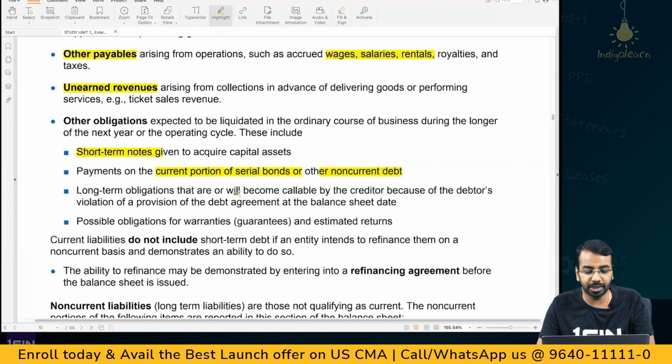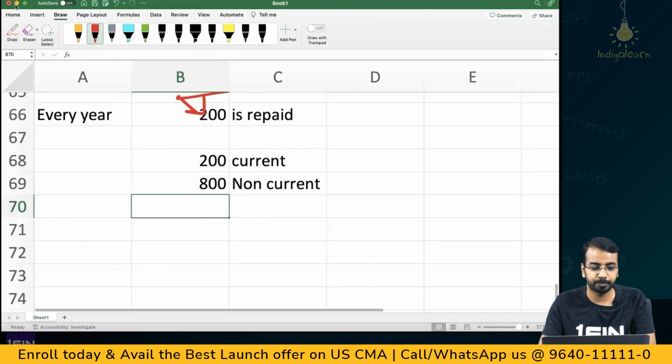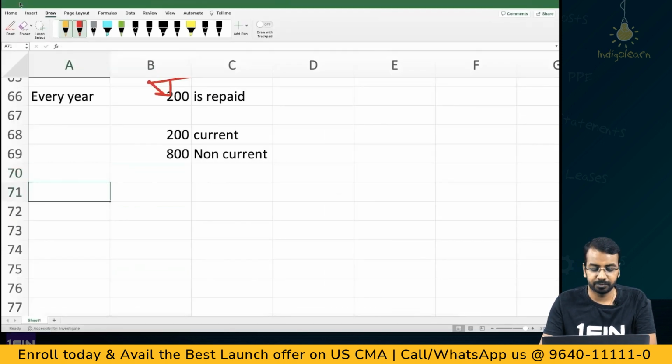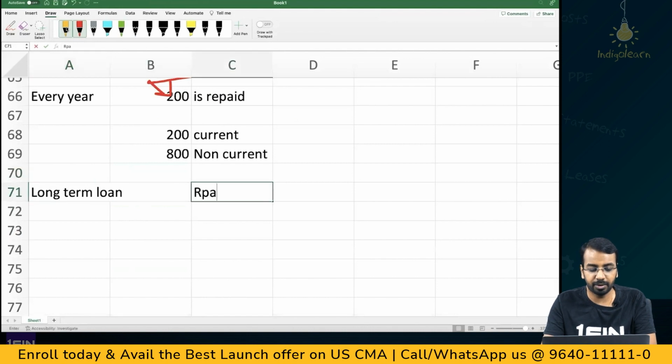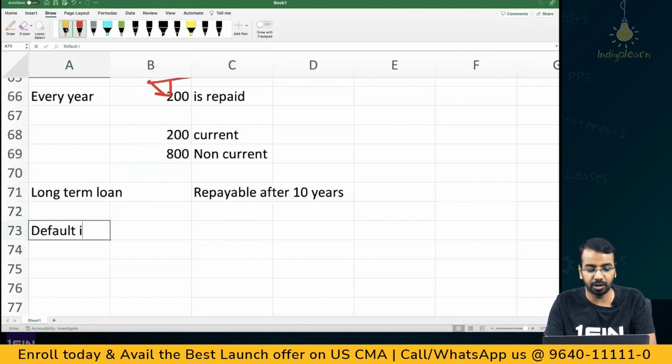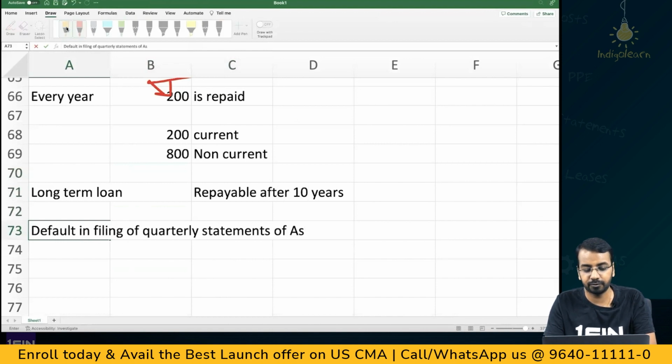Then long-term obligations that will become callable by the creditor because of the debtor's violation of provision of debt agreement at the balance sheet date. This is another case where there is a long-term loan repayable after 10 years, but there is some default in, let us say, filing of quarterly statements of assets.